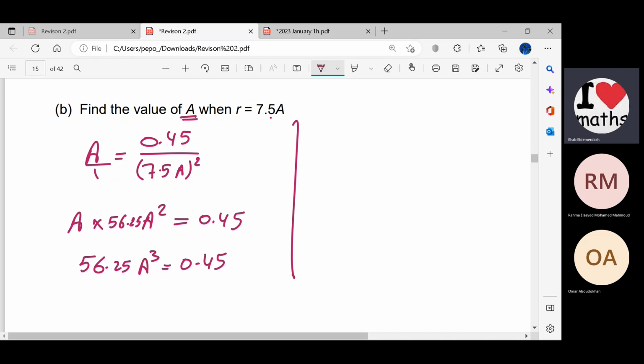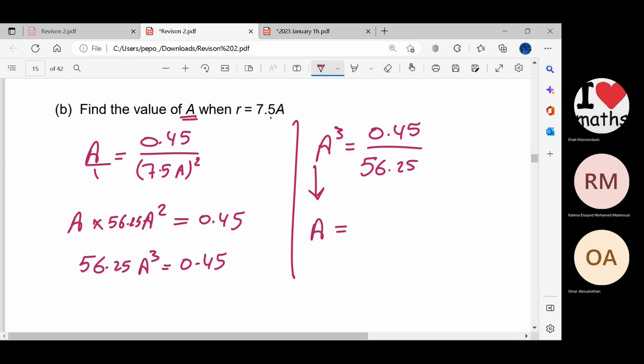We have a to the power 3 equal to 0.45 over 56.25. What is my next step? The cube root of a. The cube root of this amount equals 0.2.